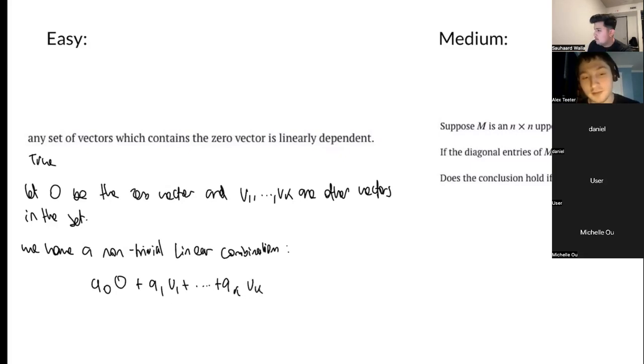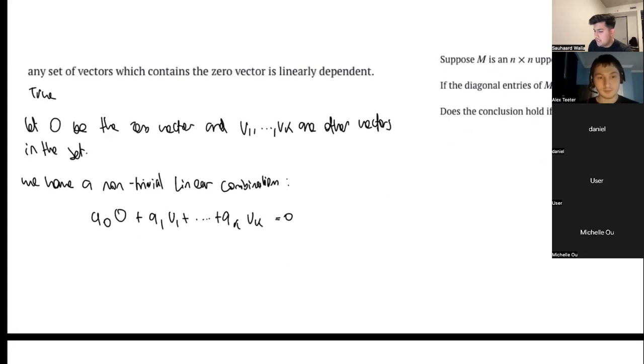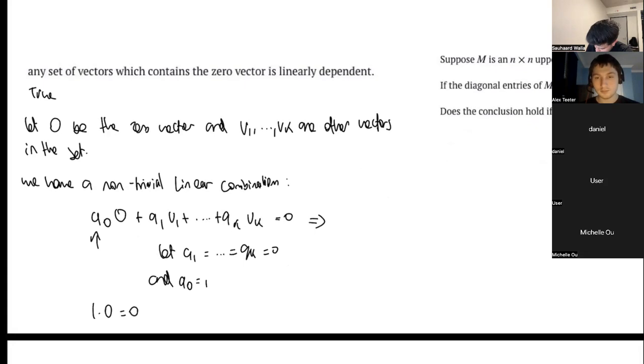Non-trivial means that not all the a's are 0. The reason it's non-trivial here is that we can put any real number here, and even if we let a1 all the way to ak equal 0, and a0 equal to, let's say, 1. We know 1 multiplied by 0 is still 0, like someone said correctly in the chat before. So this whole thing becomes 1 multiplied by 0 plus 0, because all the other coefficients are 0, which is equal to 0.